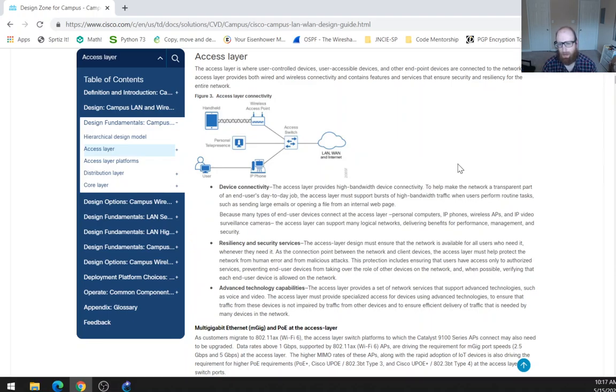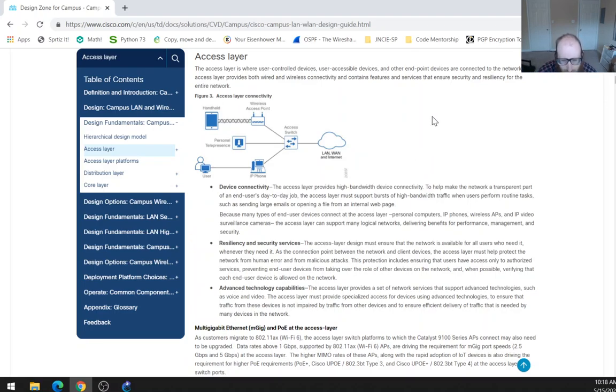Because many types of end user devices connect at the access layer, personal computers, IP phones, wireless APs, and IP video surveillance cameras, the access layer can support many logical networks delivering benefits for performance, management, and security.